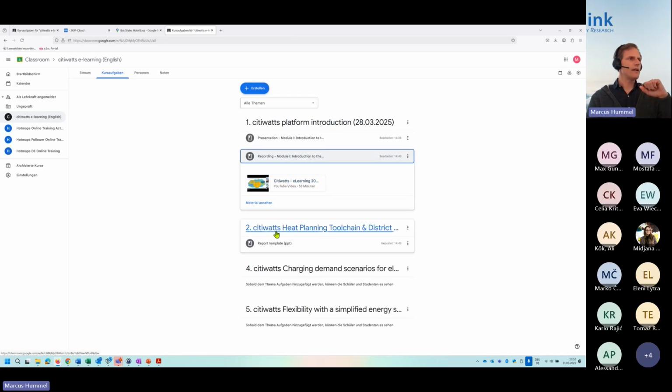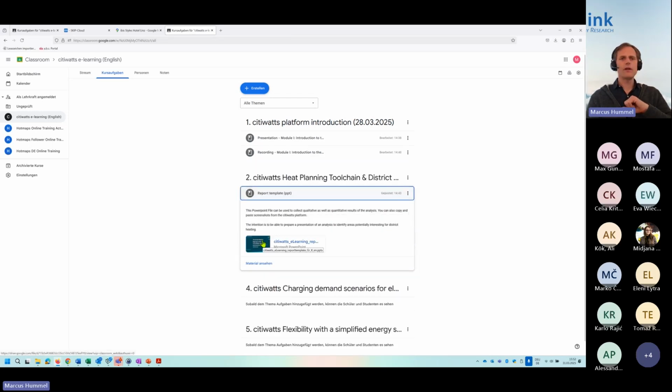Now for the session today, it's 2 citiwatts heat planning, toolchain and district cooling. Here for now, you have the report template, this PowerPoint template that I have shown you in the beginning. And we are going to upload all the materials that we have shown to you right away now. And you will be able to access them and use them.